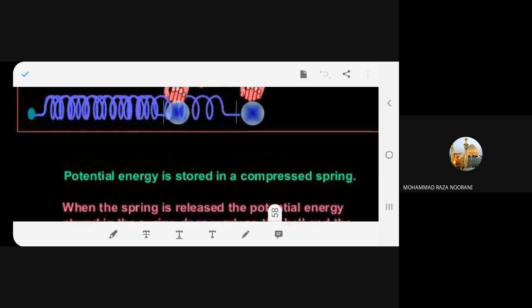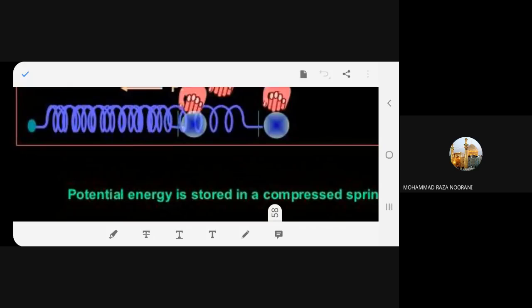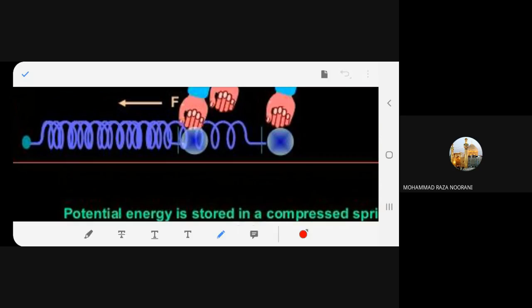Now you release it. You release the spring. You take away your hand. Can you see this? This is a ball over here, and your hand is over here compressing the spring. Now you take this hand away from the spring. What happens? The spring is released with a force, because you remember that in the compressed spring there was a potential energy.